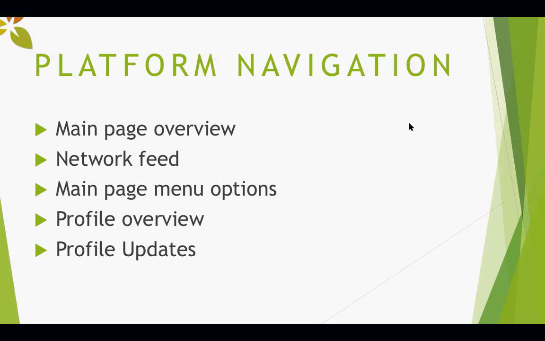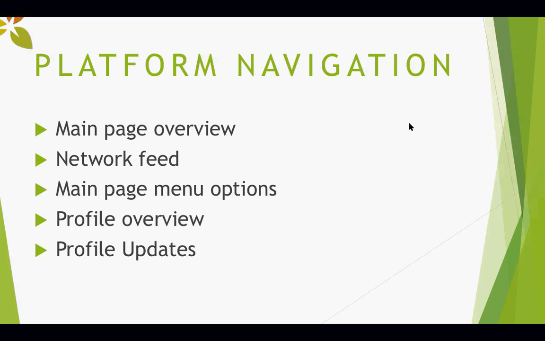Okay. So platform navigation, we're going to touch on the main page overview. So we'll just kind of look at the page overall when you first get into LinkedIn and what it would look like. We'll talk about your network feed, which is just like your Facebook feed except on LinkedIn, and the ways that you can customize that. We'll talk about the main page menu options. So aside from what you're seeing on that main page, the other action you can take right off the bat.